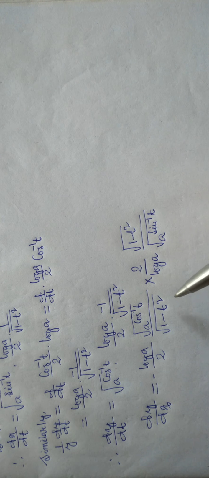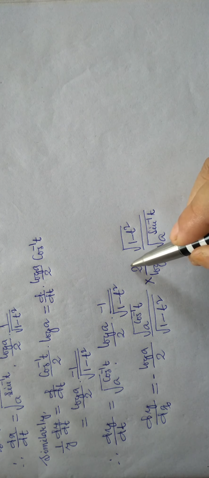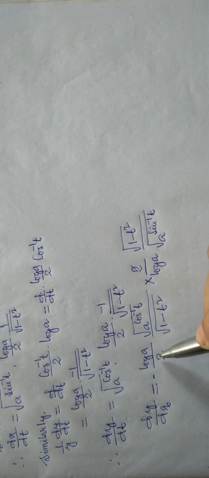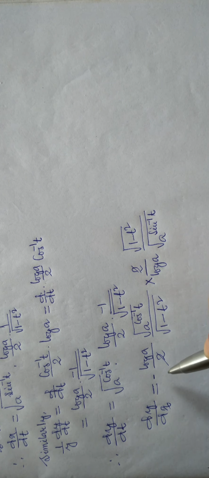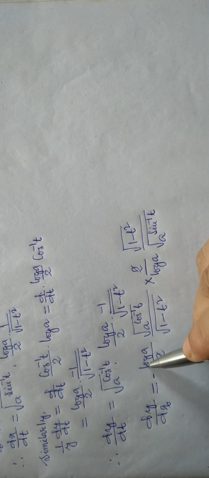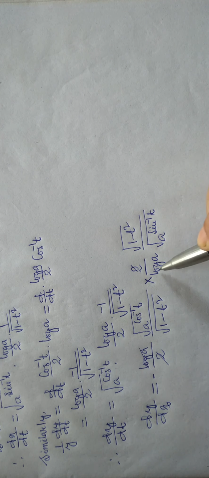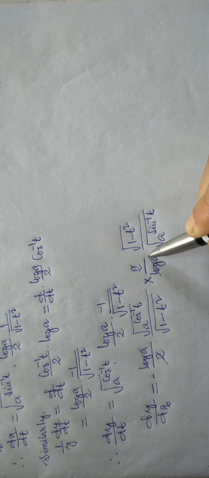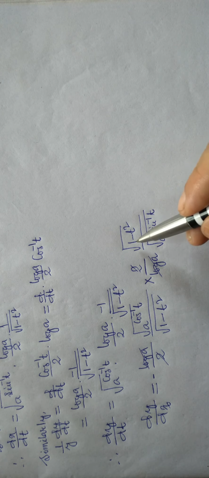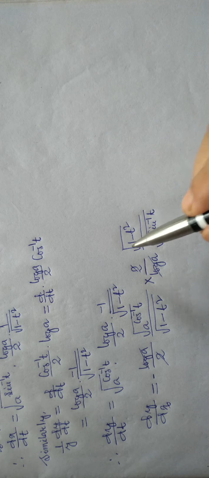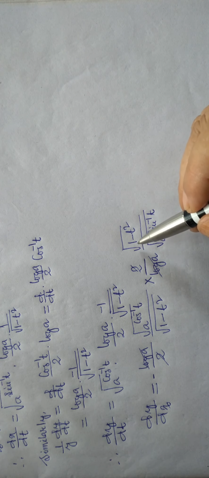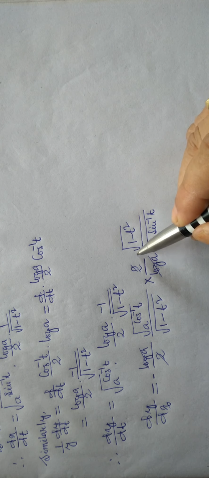2 is found in the numerator and the same in the denominator. Log a is in the numerator, the same as log a in the denominator, right? So what are the remaining? One more factor is found in both numerator and denominator, and this can be cancelled altogether.